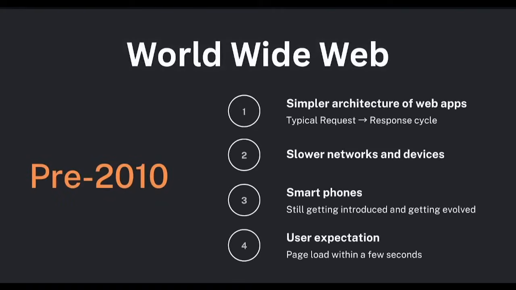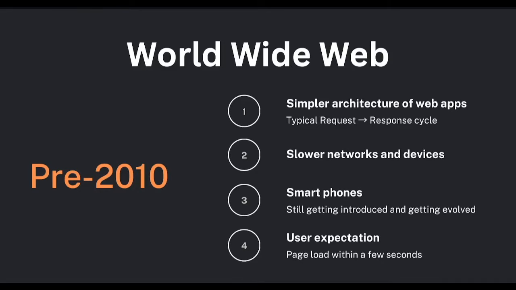The World Wide Web, WWW, has a pretty long history since its coming into being in 1991. This history is full of developments and innovations. For the sake of our discussion, I divide it into two eras, pre-2010 and post-2010.